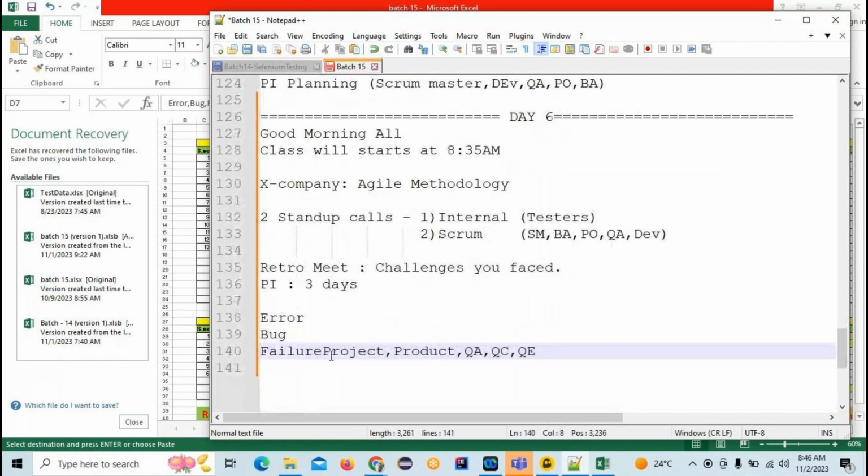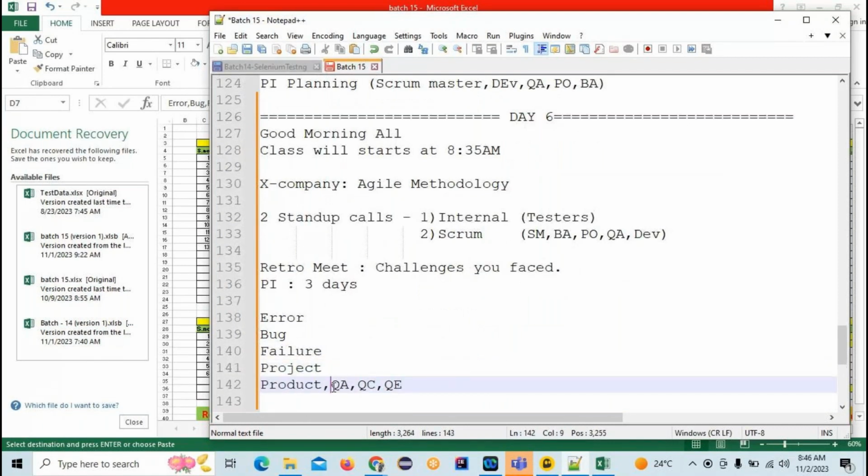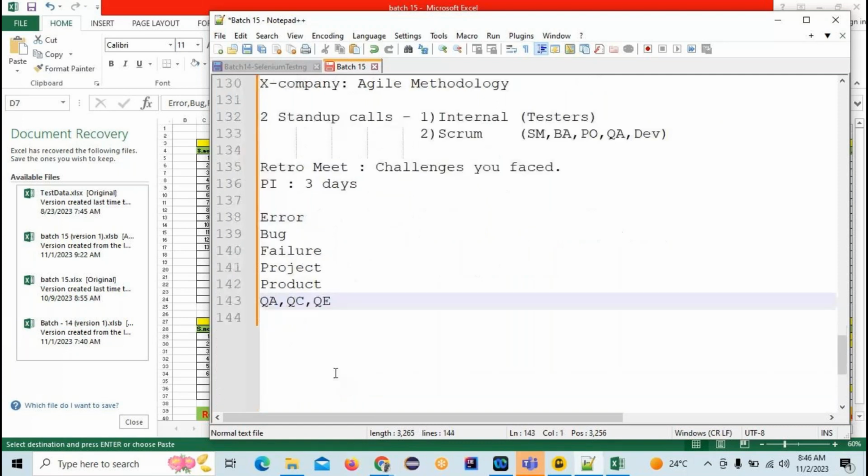Okay, today we are going to discuss what is meant by bug and failure. I already told you these are the only three important topics which you have to remember. The remaining are just for knowledge purposes. What is meant by error? An error is something done by mistake by a human.